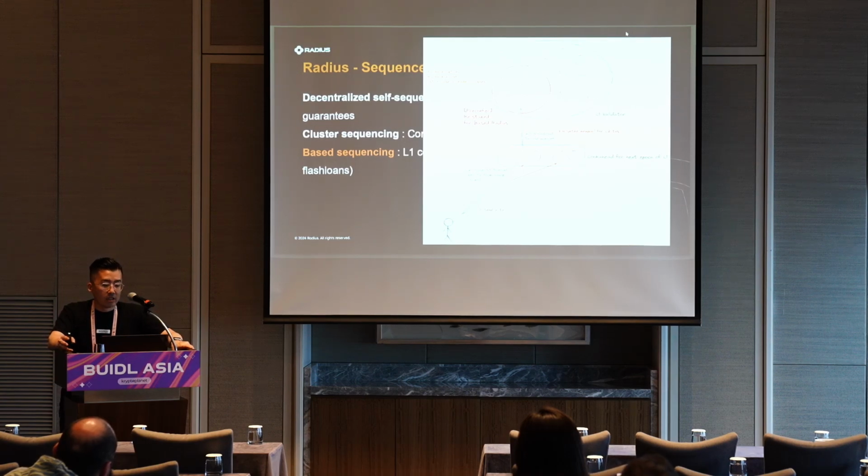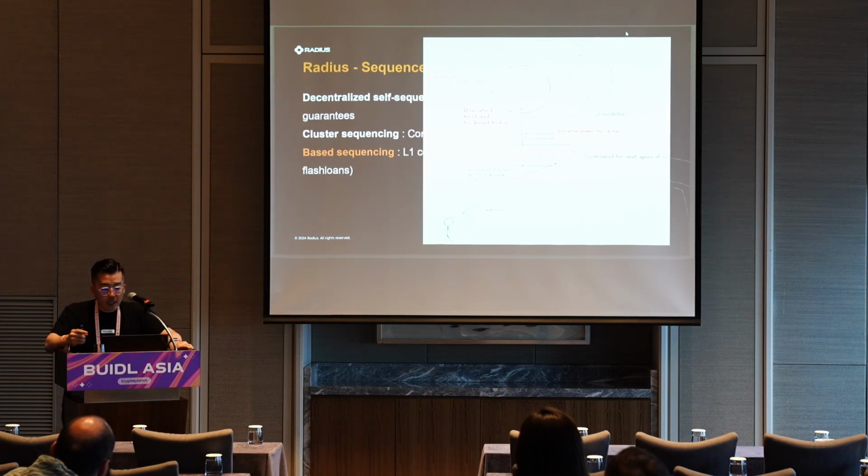That's why this based sequencing concept is proposed by the Ethereum Foundation, where the layer 1 proposer has the rights of building both blocks for layer 1 and also layer 2s. So we can have synchronous composability between layer 1 and layer 2s, and then there will be no worries that layer 1 proposers just ignore these layer 2 blocks.